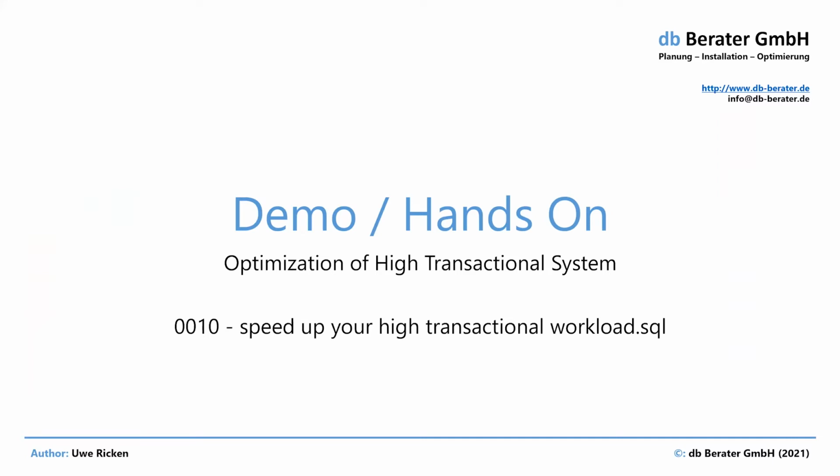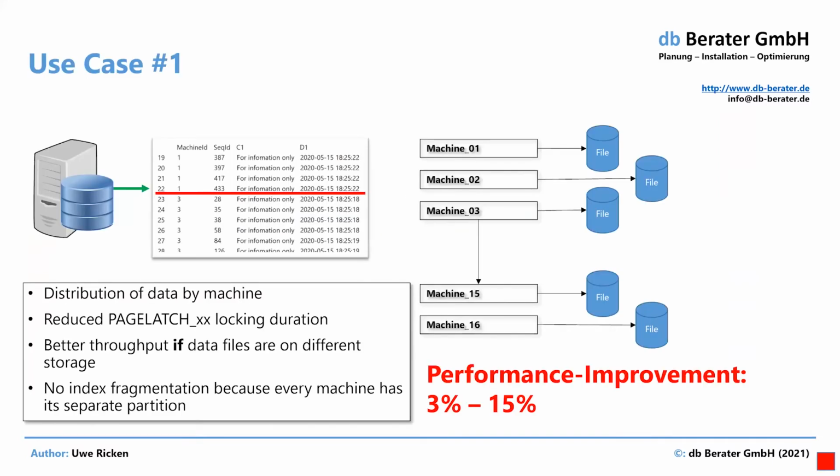So what we're doing is the following. The web service now writes the data in the same way as before, but each single process will only write for a dedicated machine ID. Step one. The second thing, and the much more important one, is that for every single machine we now create a dedicated partition.